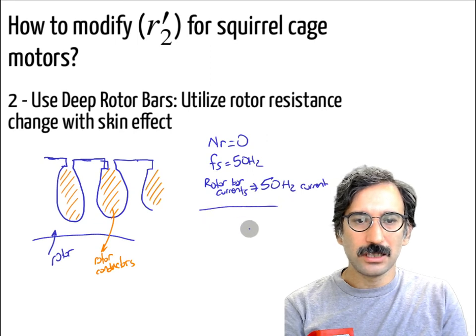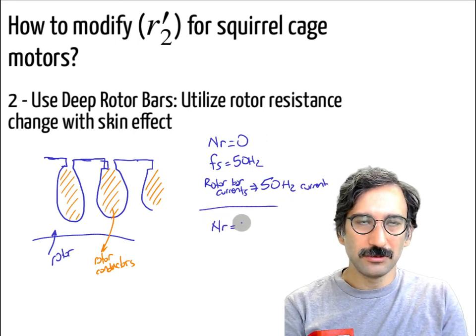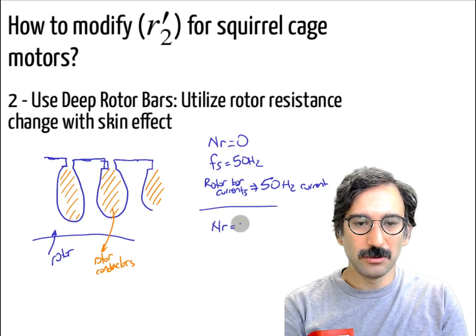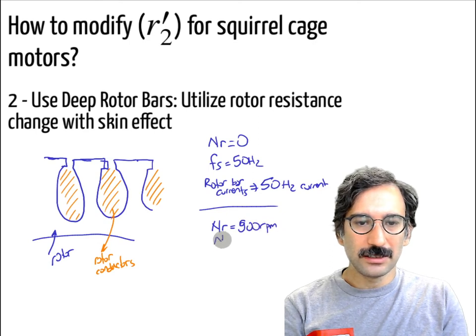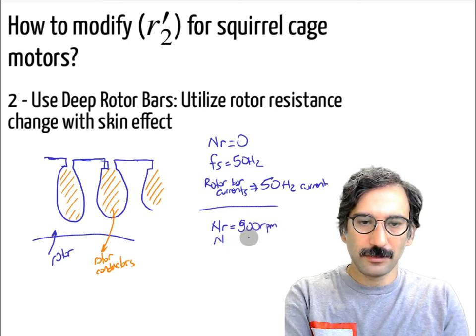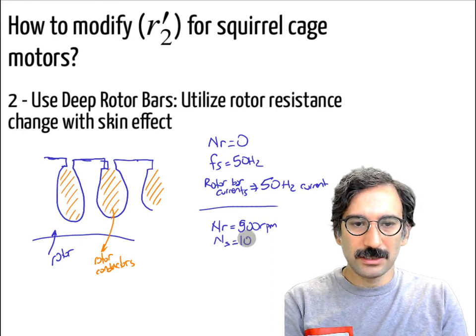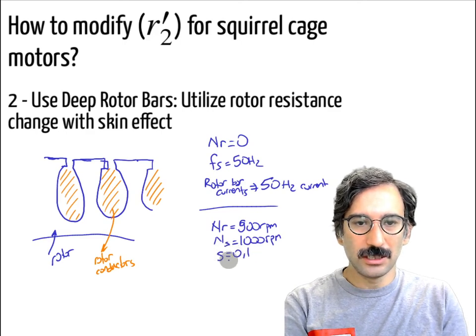Okay, for example, for a 6-pole machine, let's say NR is 900 RPM and synchronous speed is 1000 RPM, or you can say slip is equal to 0.1.